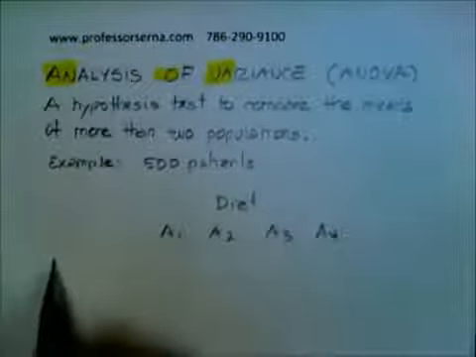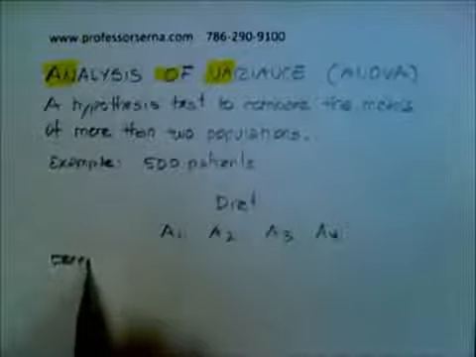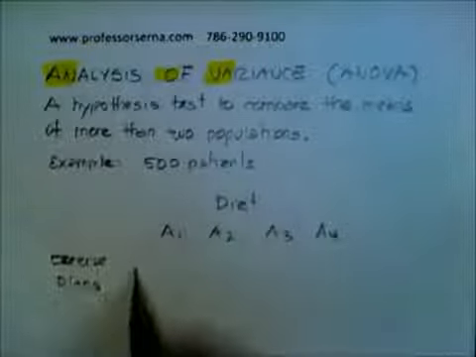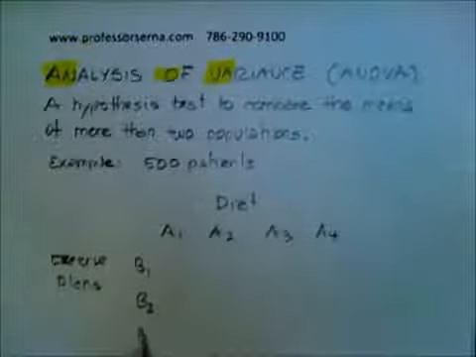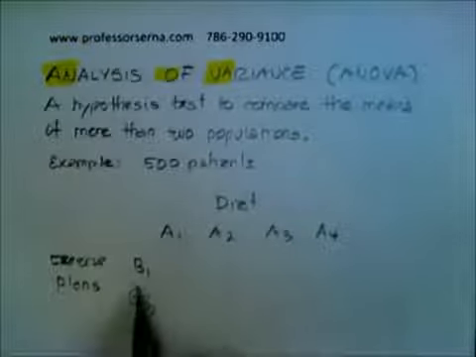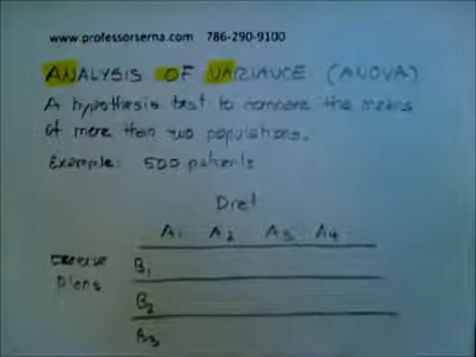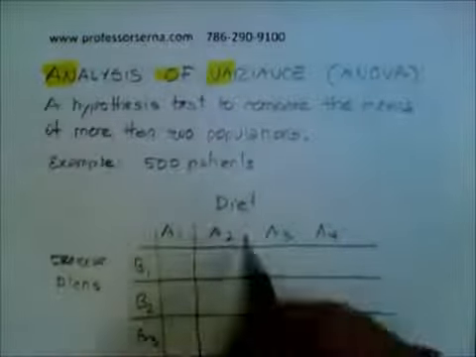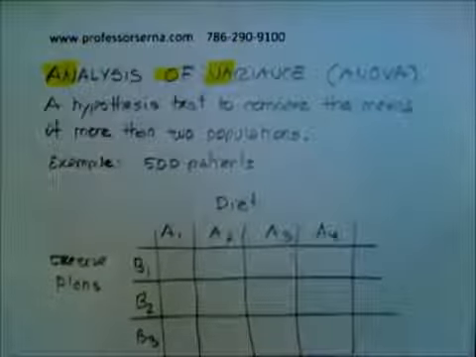And we have several exercise plans, right? And let's say that we have B1, B2, and B3. We have 4 different diets, 3 exercise plans. And we are going to put our patients in different combinations of diet and exercise.